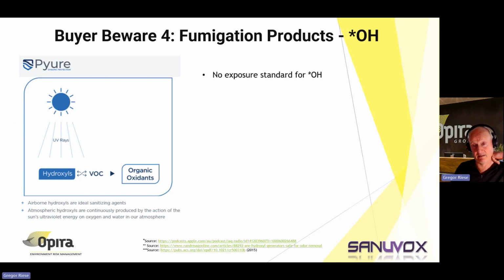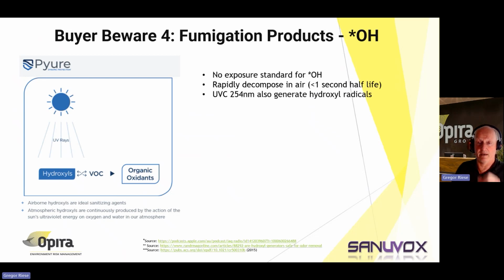Another new product on the market, in a very similar category, produces hydroxyl radicals, free radicals. Sunlight also produces hydroxyls when it hits water molecules in air, and they have a very short half-life.